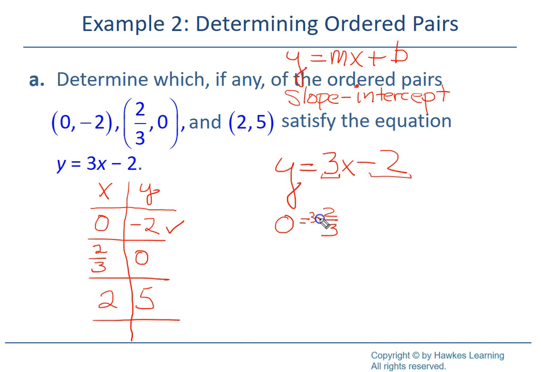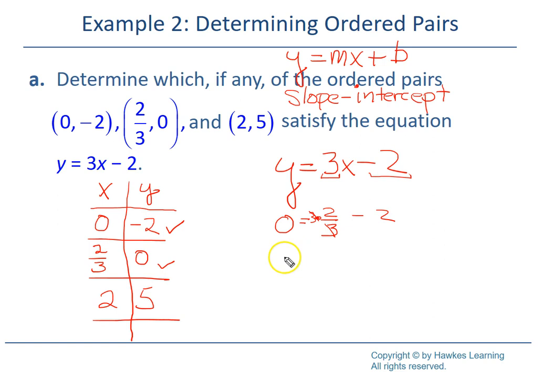I guess I put the 3 there first. So 3 times x minus 2. So if we do the canceling here, we get 2 minus 2 is 0, so 0 equals 0. So this is a good one too. The first two sets satisfy this equation.